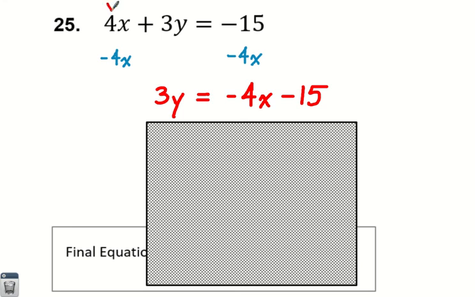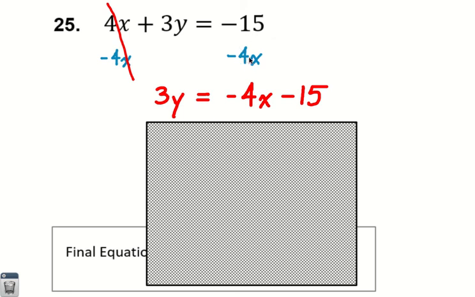So we get rid of this entire 4x term first. That will leave 3y alone on the left. And when you look over here, negative 15 minus 4x, just like an earlier problem, those do not mix together. They are not like terms. They do not combine. All right?